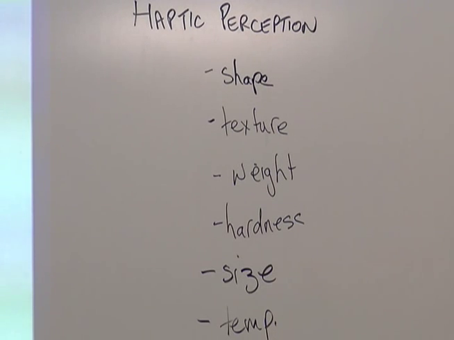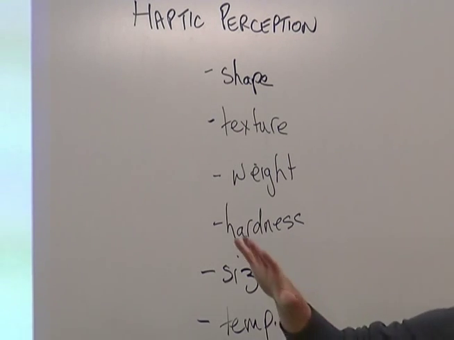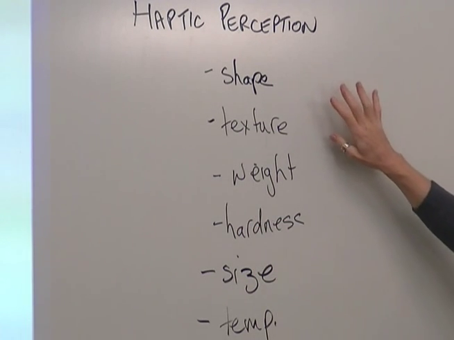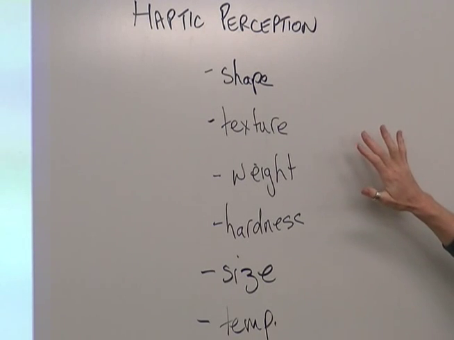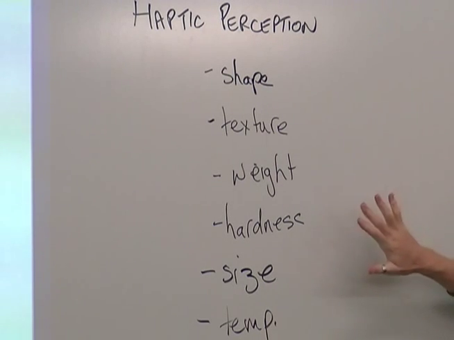Right? So these are all properties of objects that my brain is able to perceive based upon feedback from sensory receptors other than vision. And we use these ideas a lot in sport without realizing that we're using them. Depending which age group you're looking at, you'll remember that our young children haven't learned these concepts yet.